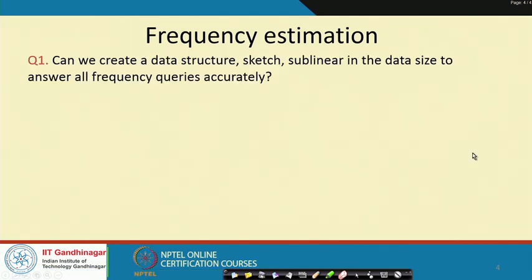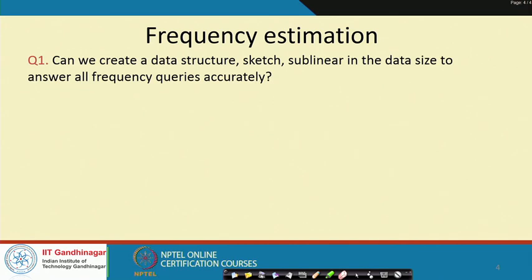So, let us try to formalize what are the questions that we can try to ask about this frequency estimation. The first question is this: what is the best I can hope for? Can I create a data structure, let us call that a sketch for now, that is sublinear in the size of the data?